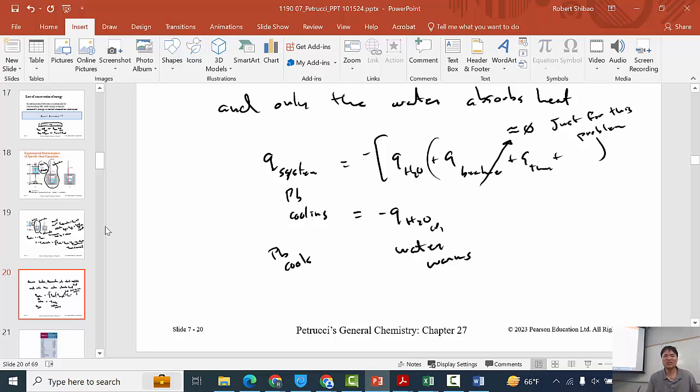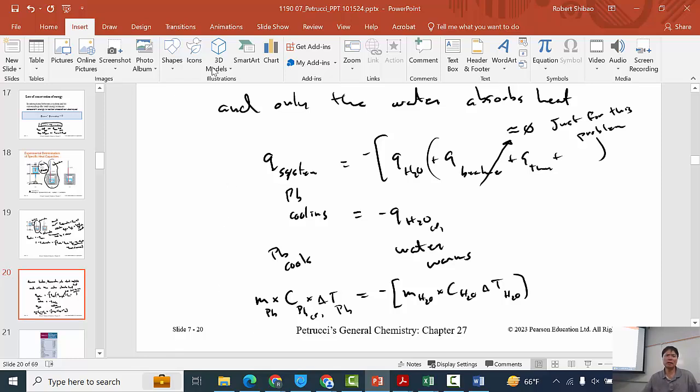So for the lead cooling, we can use the mass of lead times C of the lead metal times delta T. And this is going to equal minus Q of the water. Q of the water is the mass of the water times C of the water times delta T of the water. This would be delta T of the lead. So any heat lost by the lead is gained by the water.